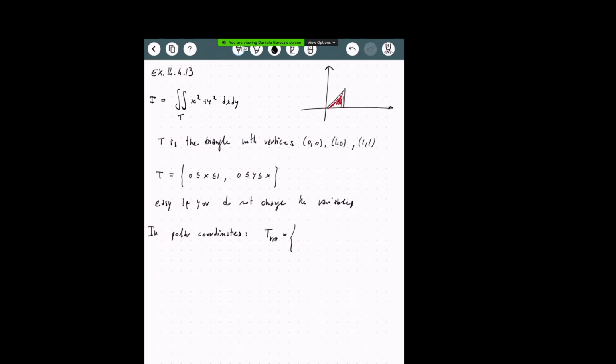This is equal to, okay, so I guess the angle will be between 0 and pi divided by 4. So theta is between 0 and pi divided by 4. And r will be a function of theta in this case. Let me see.